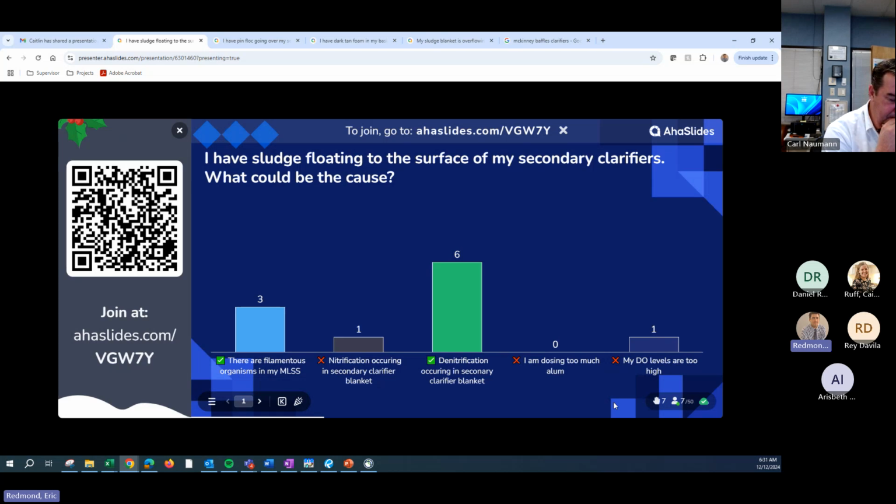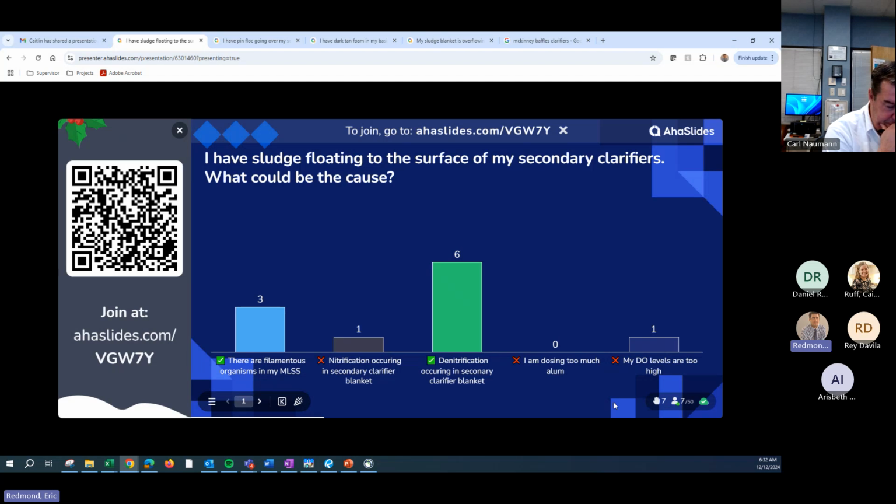That goes to the far right one, where my DO levels are too high. Generally that shouldn't create any issues in your blanket. What might actually help is higher DO coming out of your aeration basin, because then you don't go anaerobic in your clarifiers.